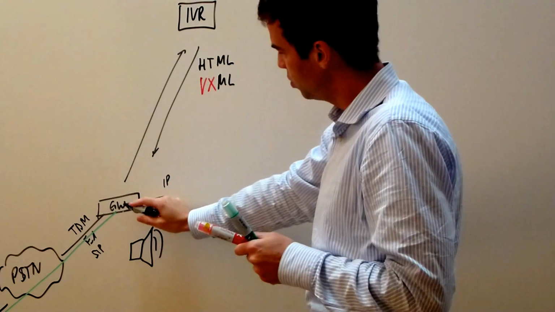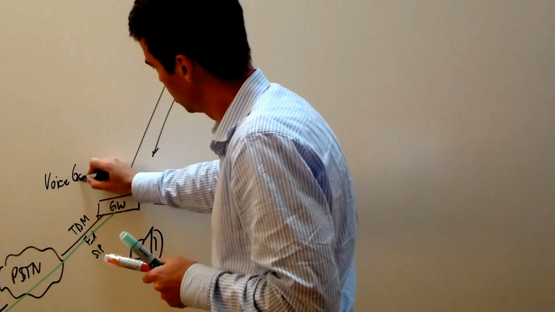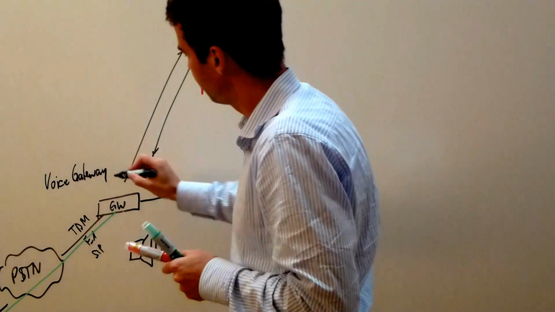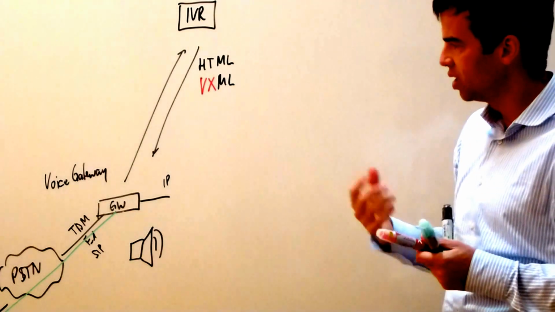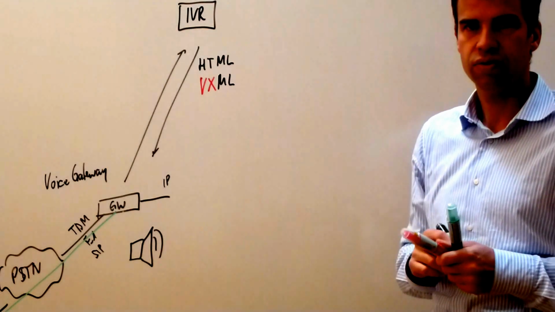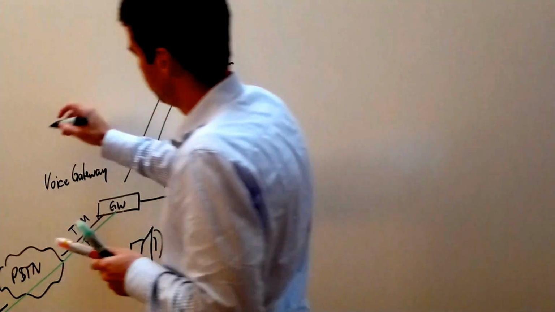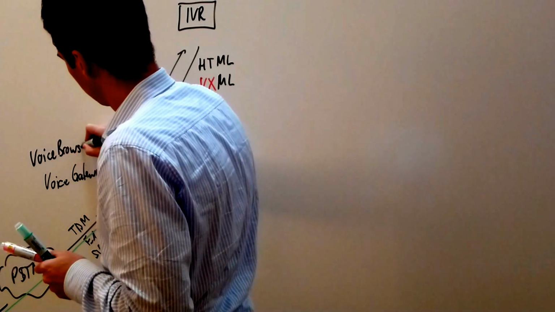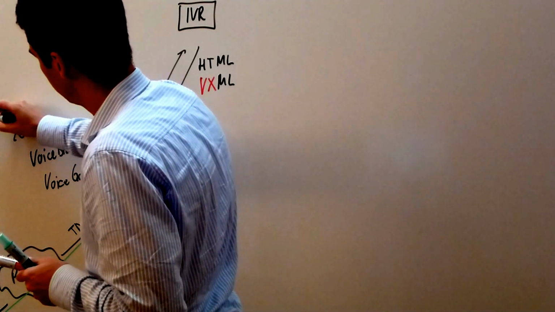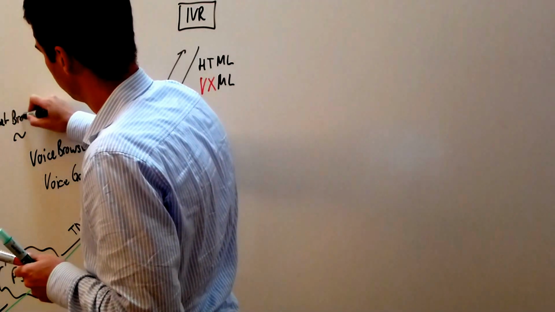So the voice gateway plays a very similar role as a web browser. And because of this, a voice gateway is often also called a voice browser, which is more or less the same thing as an internet browser.